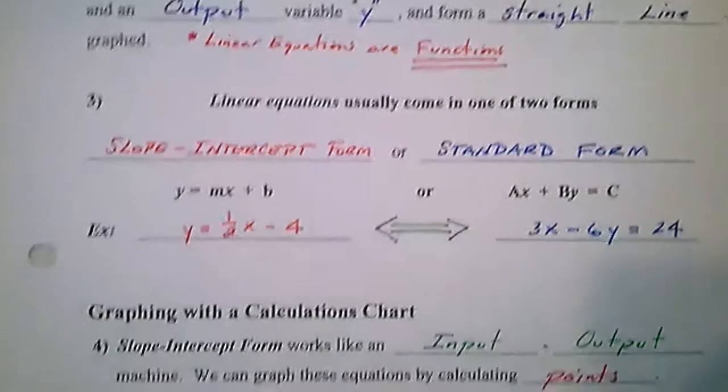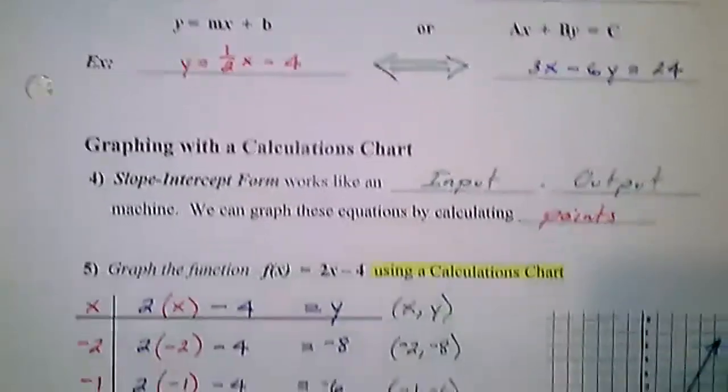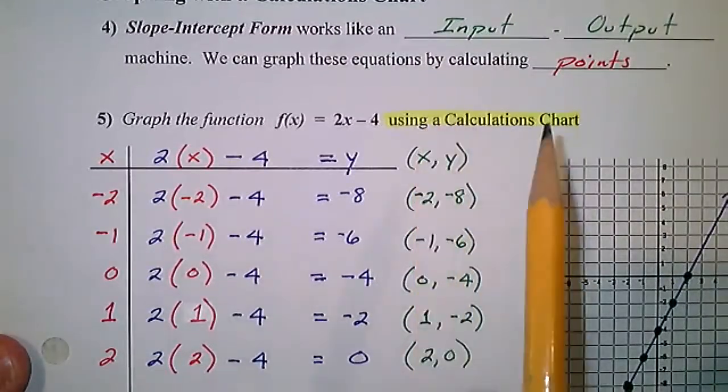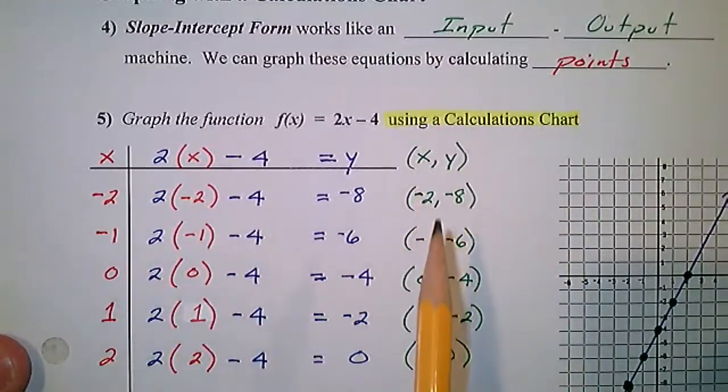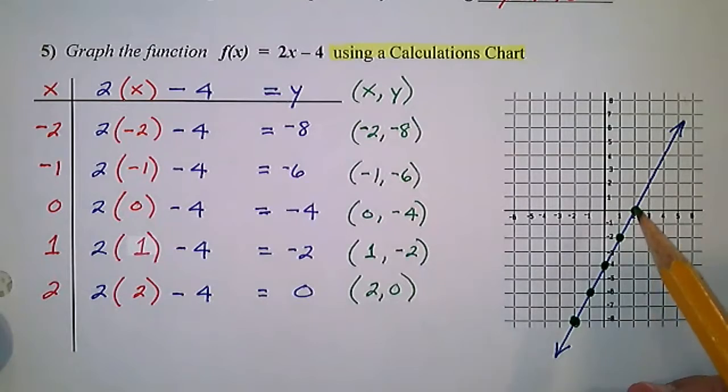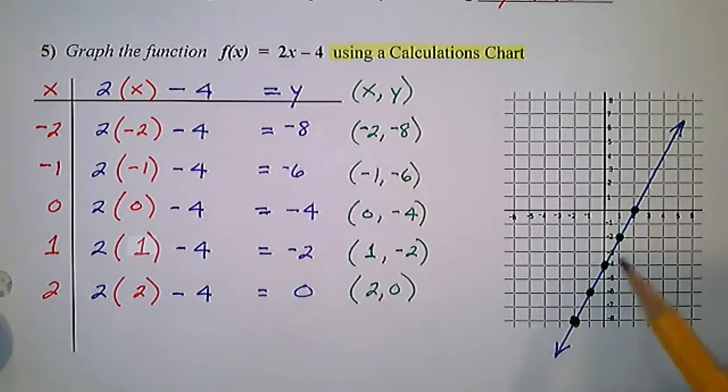So in our last lesson, in part 1, we did the old school way where we created a calculations chart and generated all these points and then we graphed the line. But what we're starting to learn is that all we need really is that intercept and that intercept right there. We only need 2 points and we'll be able to graph our line.